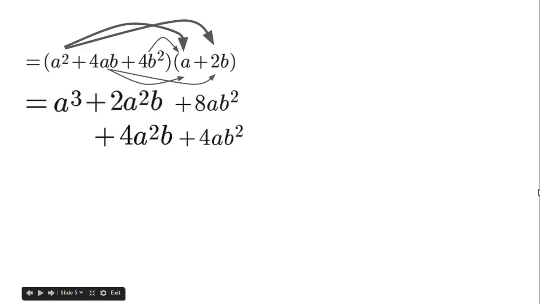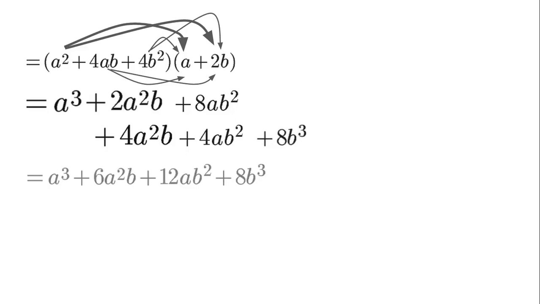And then 4b squared times 2b is 8b cubed. And when we combine like terms, we get 6 and 12. And that would be it.